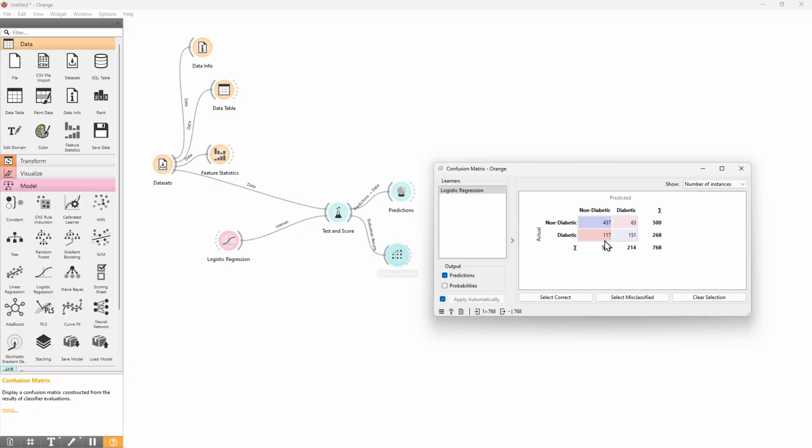So if you think about it, this one right here, these people actually are diabetic. In reality, they have diabetes, right? The actual label is diabetes. The model is saying no, you don't have it. So what will happen? Well, these 117 people will happily be sent home. The doctors are happy. Those patients are happy.